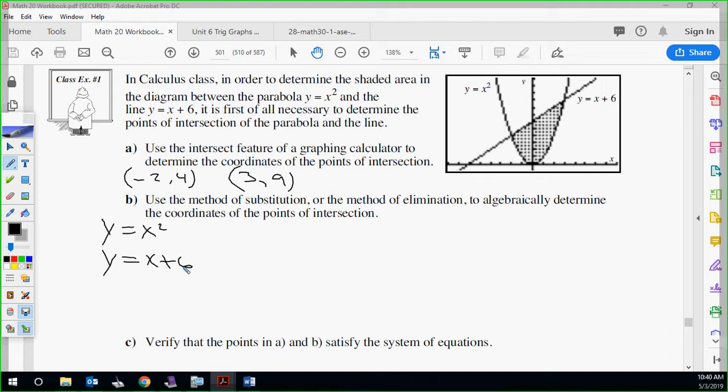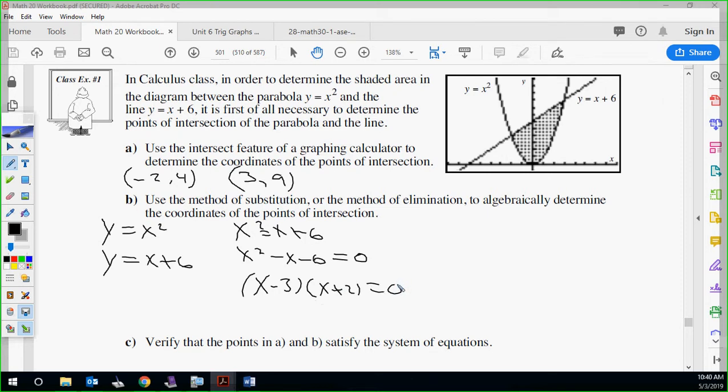So it's x squared equals x plus 6. That's essentially substitution. Now we solve. We subtract the x and subtract the 6, and you see that we have a quadratic that we can factor into (x - 3)(x + 2).